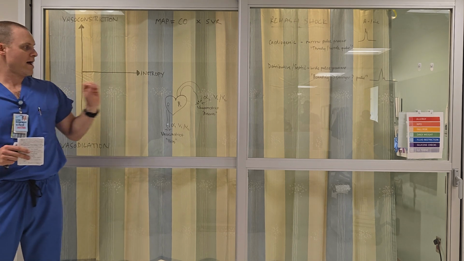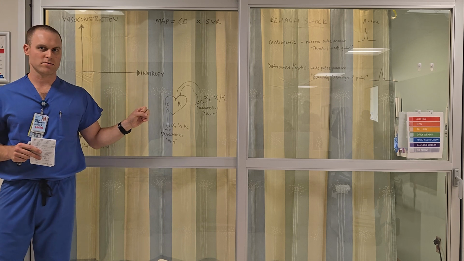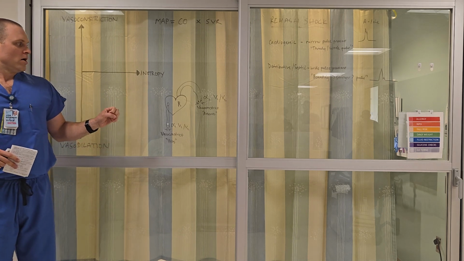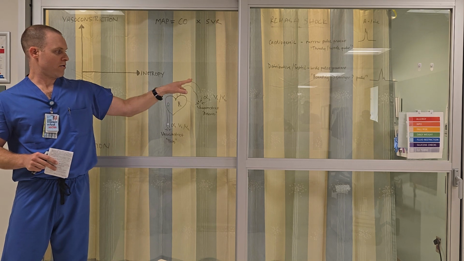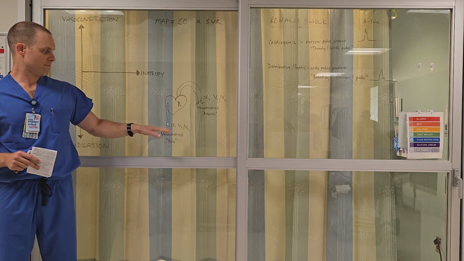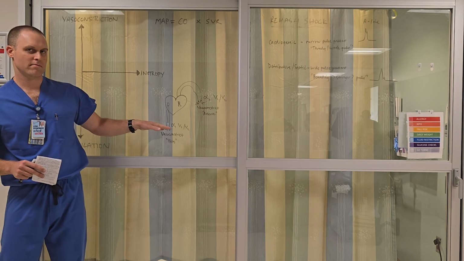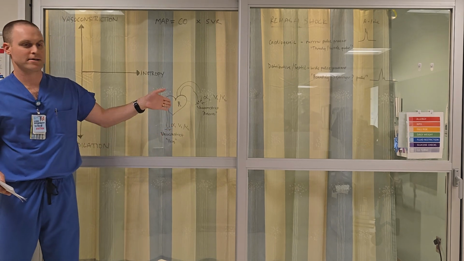I think next what we'll talk about is just where are these vasopressors working, okay? So this is the heart, this is the aorta and the arteries, this is the veins here. And this is the inferior vena cava and the venous system that comes back to the heart.